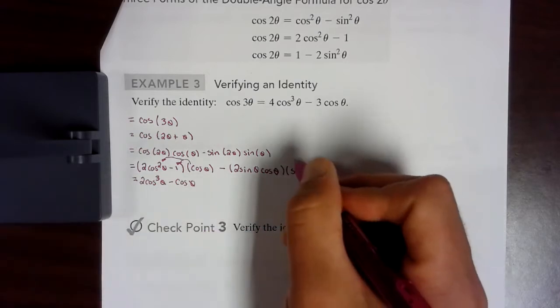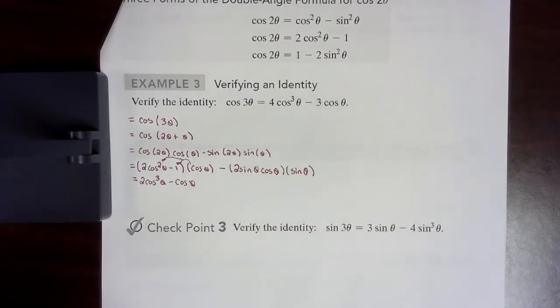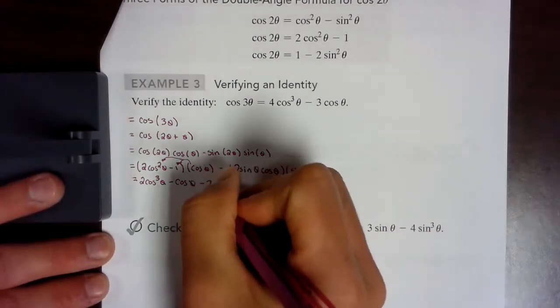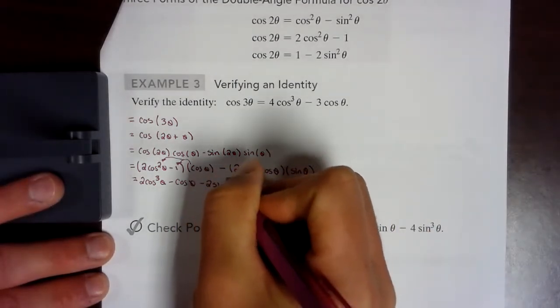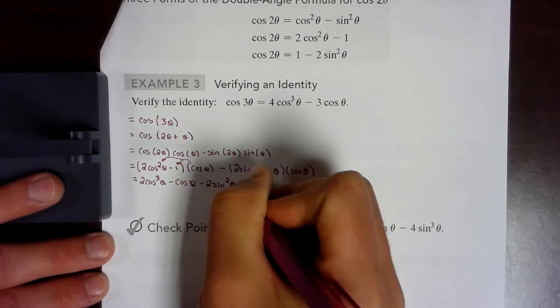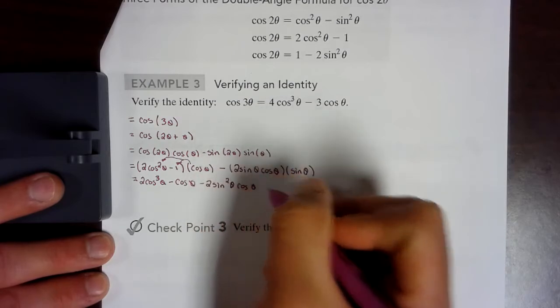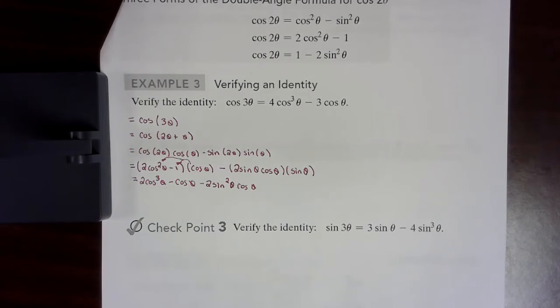So don't feel like you need to distribute it to every term. We only distribute to every term if there's plus or minus separating those terms. So this is really 2 sine squared of theta times cosine of theta. Okay, well, I feel like we're getting somewhere, but there's still some work that needs to be done.